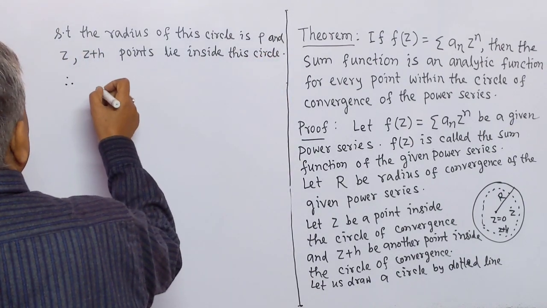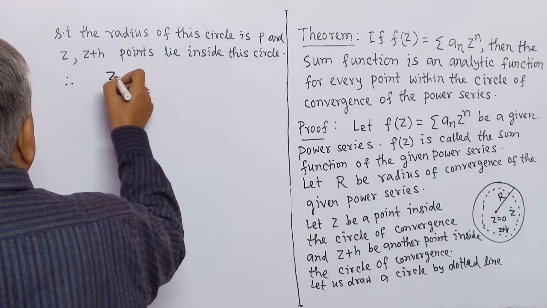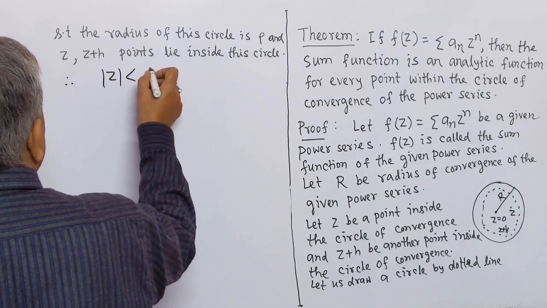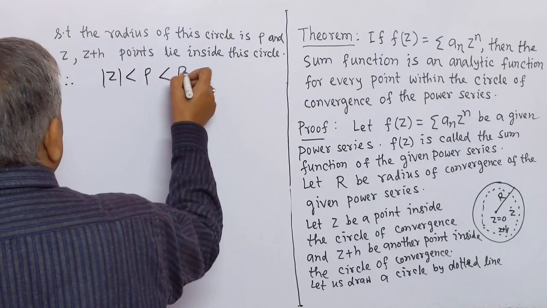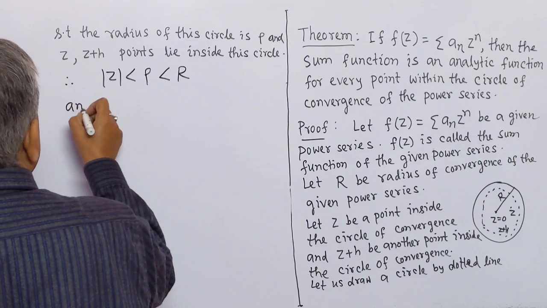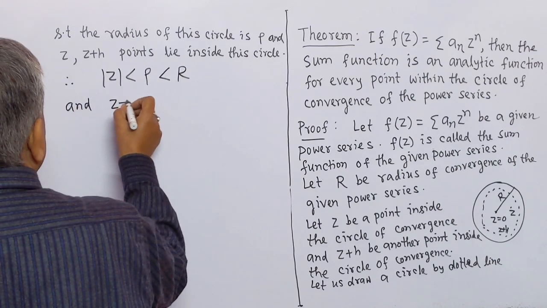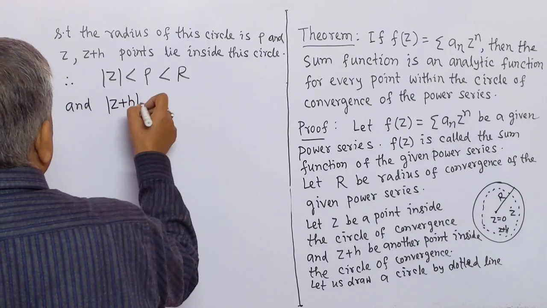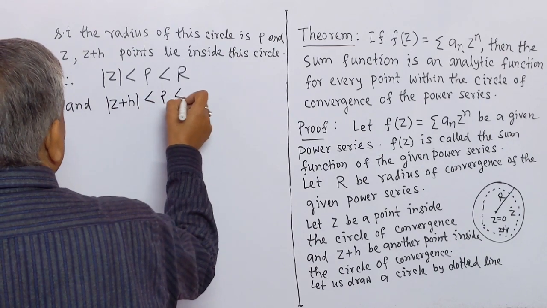Therefore, |z| < rho < r and |z+h| < rho < r.